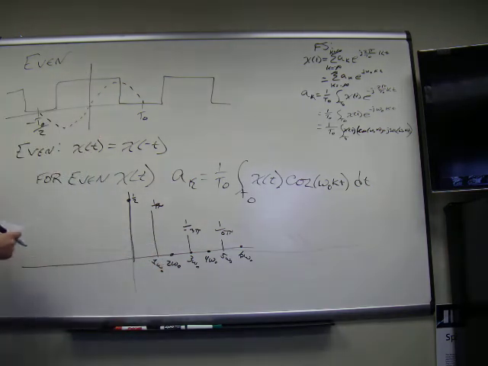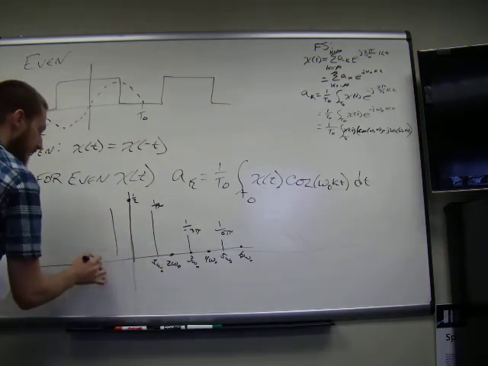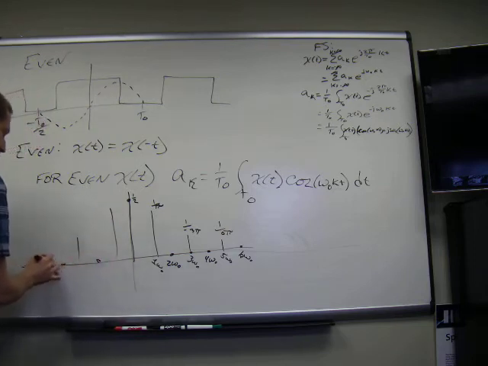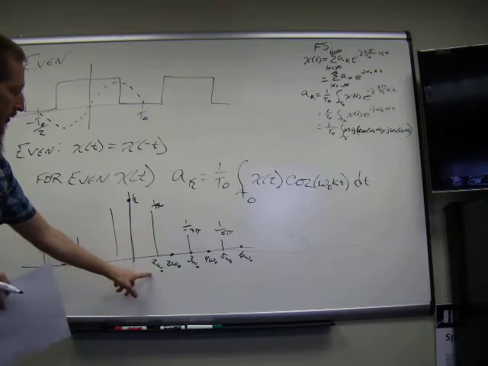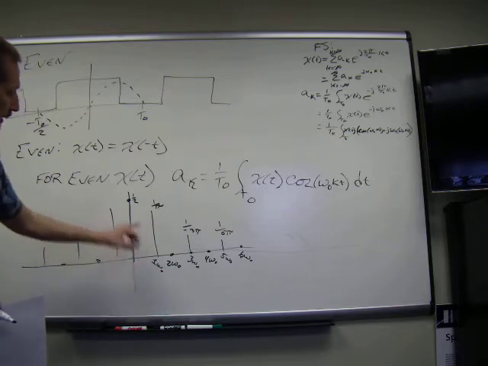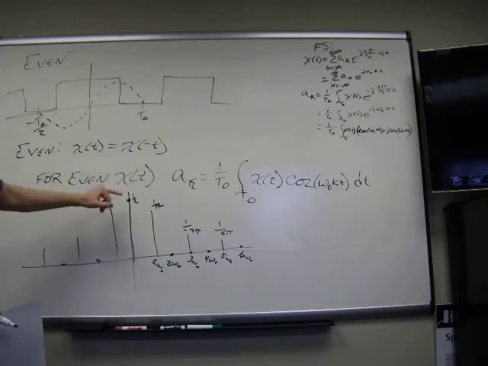Okay, and this would be mirrored on the other side. So the first one is called the fundamental frequency. It's at omega naught. This is the DC content.